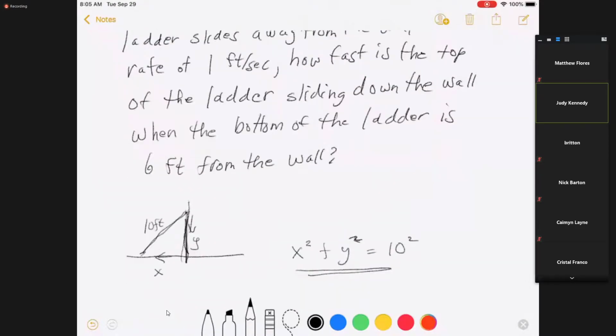Six is a particular moment in time. But as long as the ladder is sliding down the wall, you've got this relationship. So x represents the distance from the bottom of the ladder to the wall. y represents the distance of the top of the ladder from the ground.